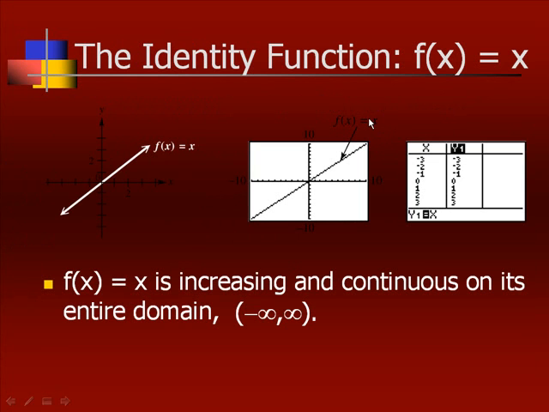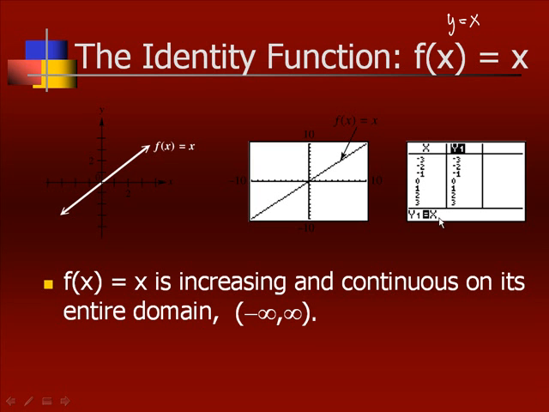Okay, now let's talk about some basic function types. First type is called the identity function, and that looks like f of x is equal to x. Or if you think back to old stuff, y is equal to x, which means whatever x is, that's what y is.